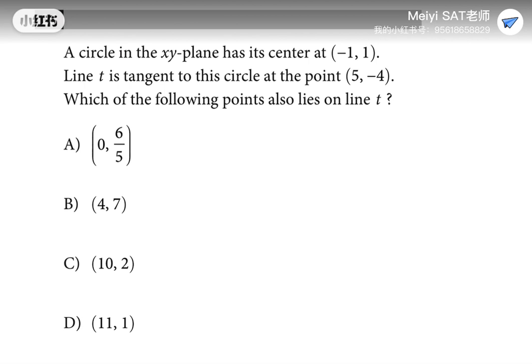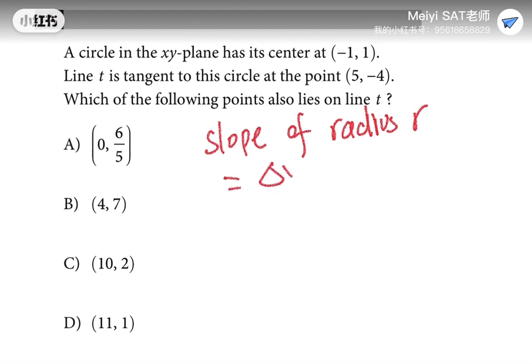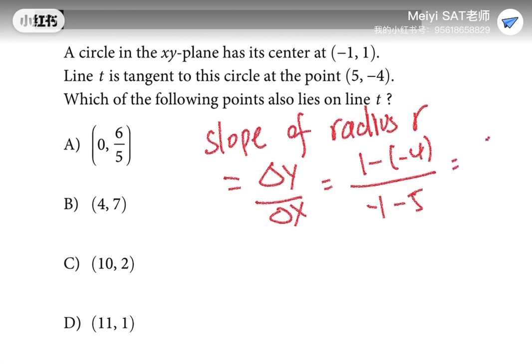I'm going to clean up our board here. So what we're going to find is the slope of radius r, which is equal to change in y over change in x, which is equal to 1 minus negative 4 over negative 1 minus 5, which is 5 over negative 6, so it's negative 5/6.